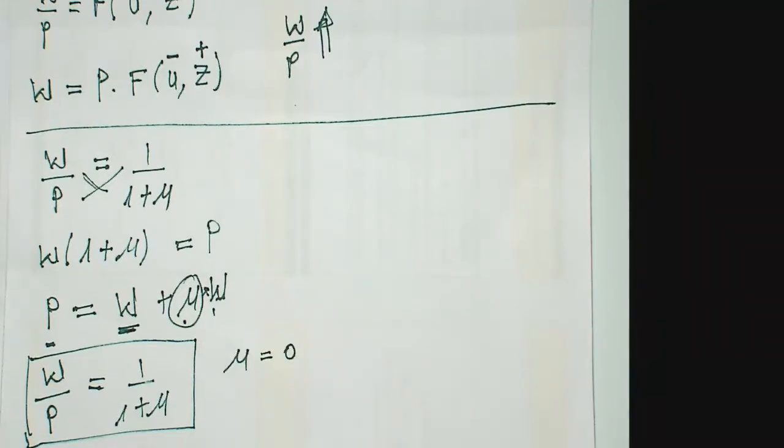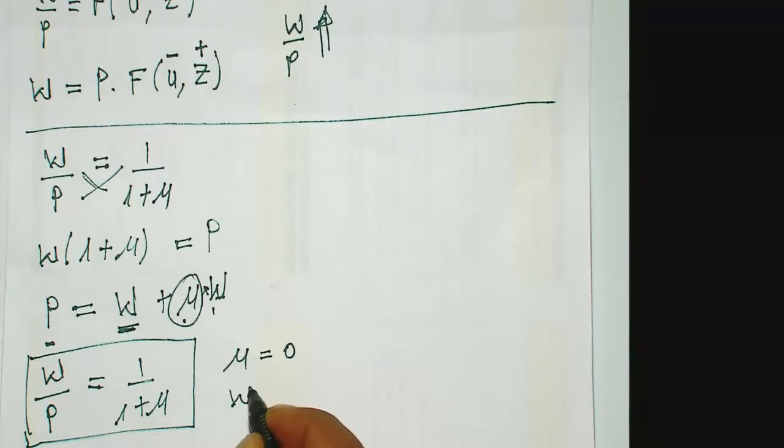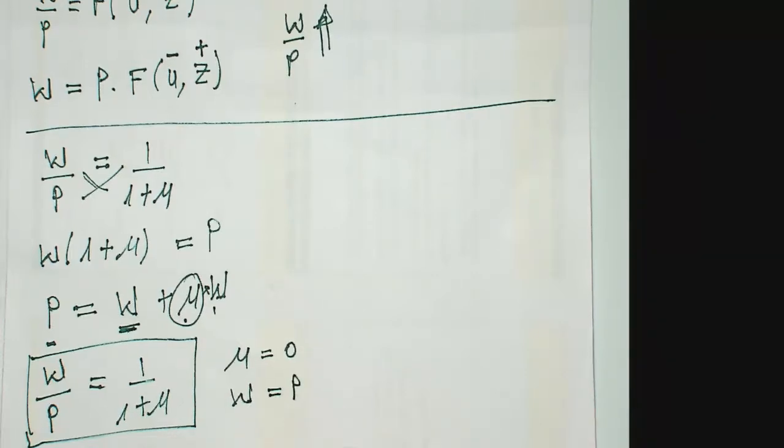So companies are setting price to be equal to wage. If there is perfect competition in the economy, they would like to have more employees, or they would like to win the competition. There is competition in setting price, and there is competition in setting wage as well. So they would apply a markup of 0, which gives us wage is equal to price.